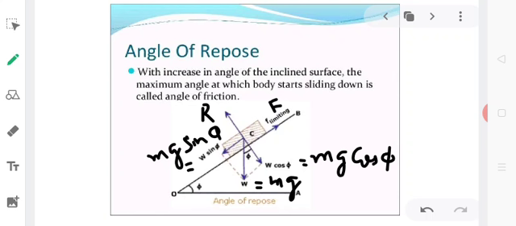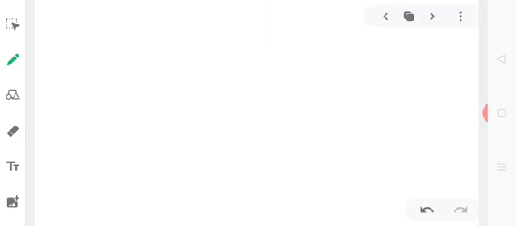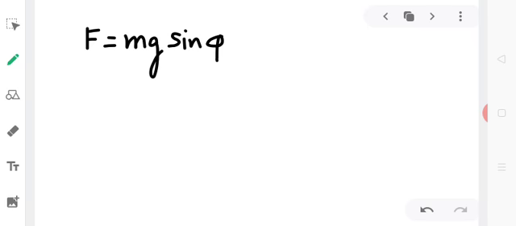Now mg can be resolved into two rectangular components, mg cos phi opposite to R and mg sin phi opposite to F. Obviously, in equilibrium, F will be equal to mg sin of phi and R will be equal to mg cos of phi.